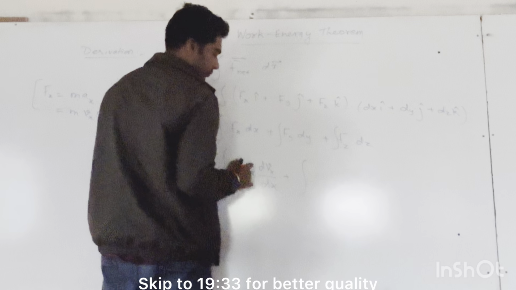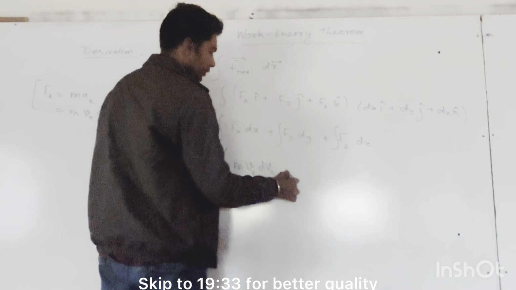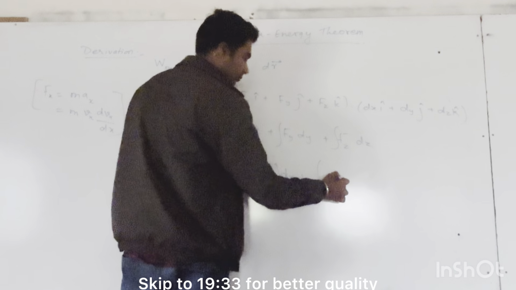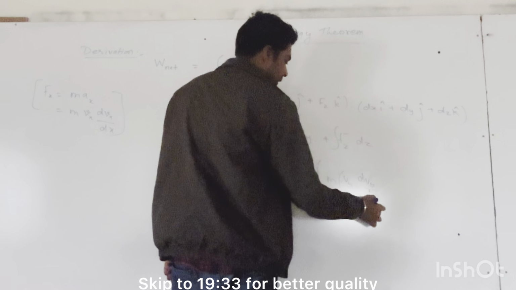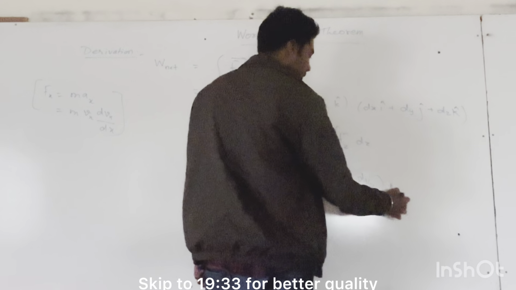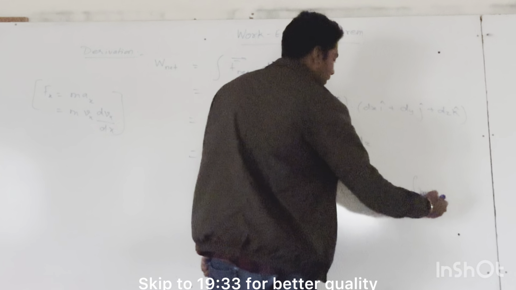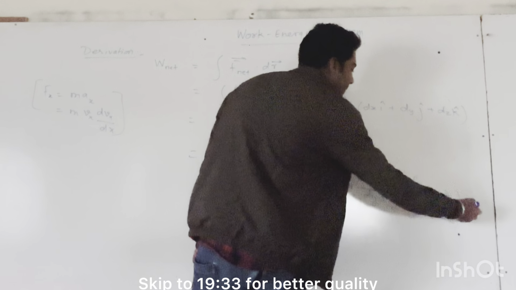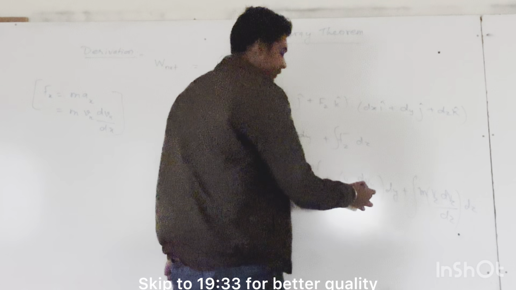So the integral of m vx dvx by dx dx plus m vy dvy by dy dy plus m vz dvz by dz dz. Further solving it, the dx, dy and dz cancel.